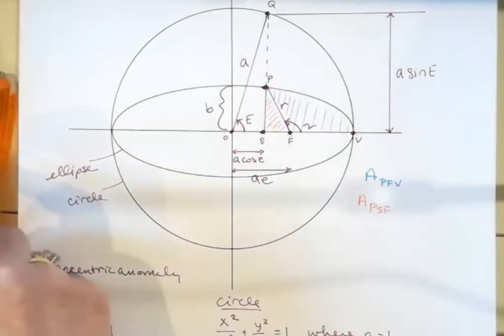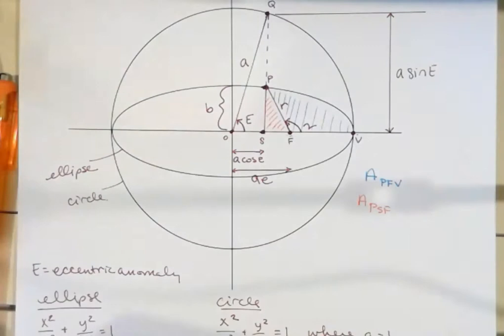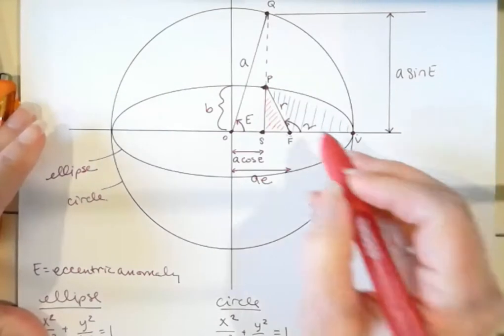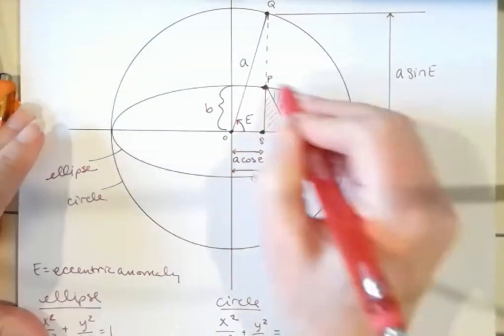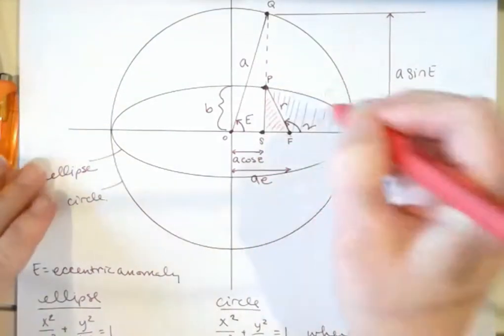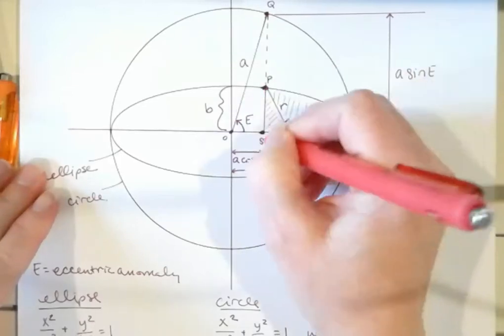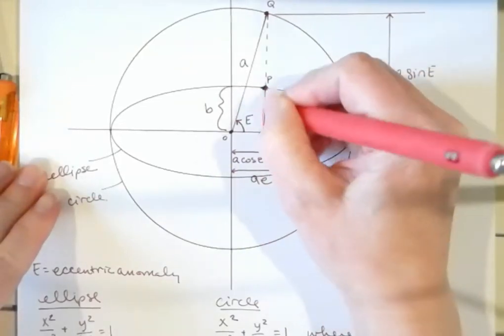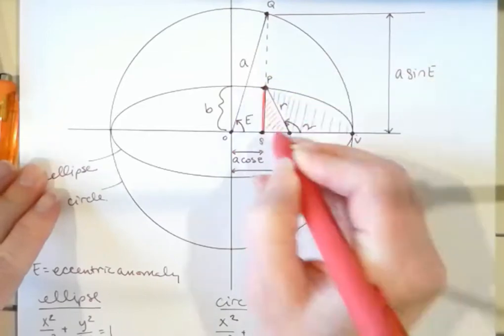And then finally, I need a brighter color here. Let's see if this one will work. So now what we need is this whole distance here, from PS over to V, so this whole area. I don't know if this is going to show up to you.